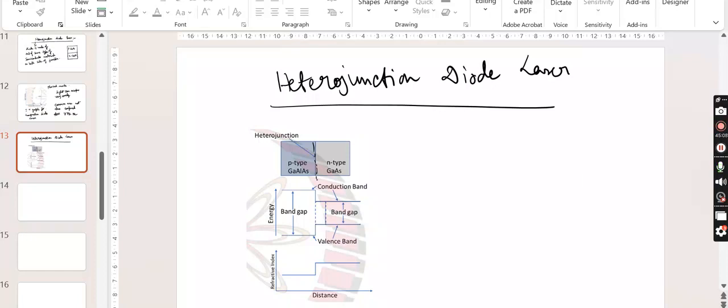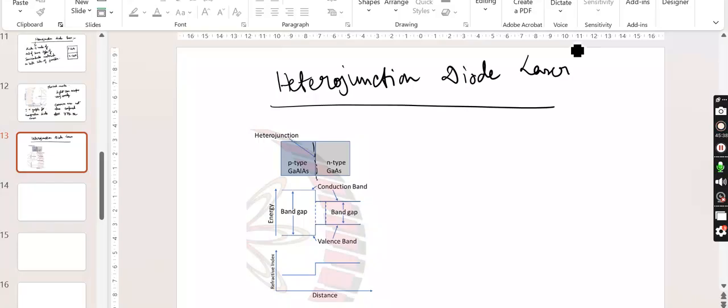In this example, we have used gallium aluminum arsenide and indium gallium arsenide. And the heterojunction diode laser came into action more than half a decade later than the homojunction diode.